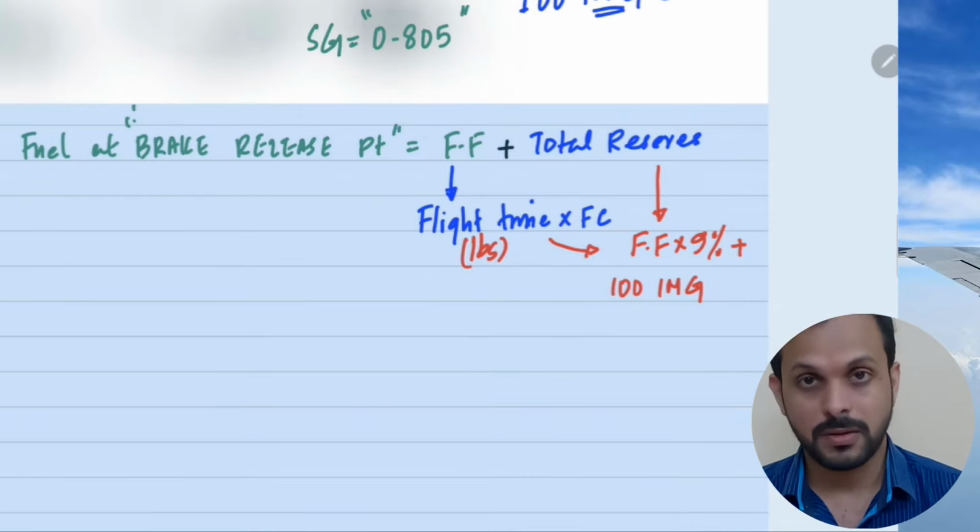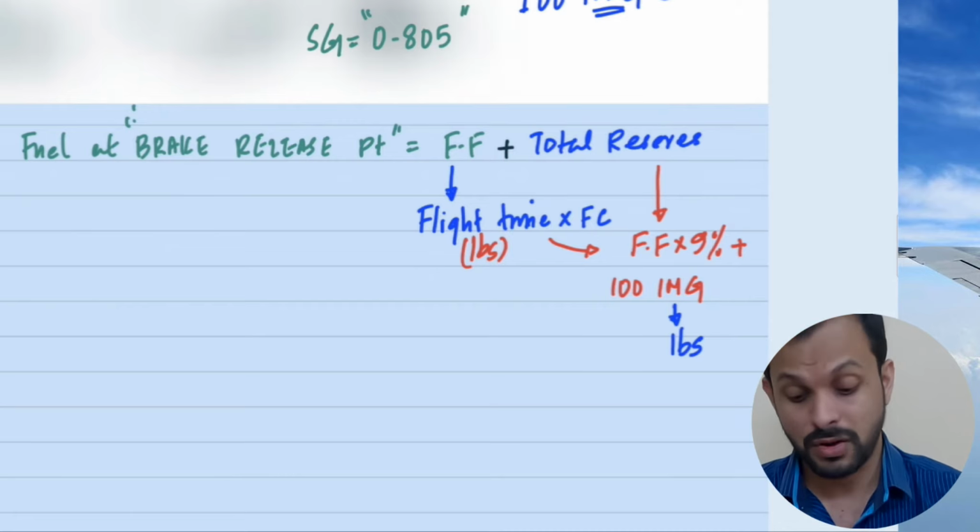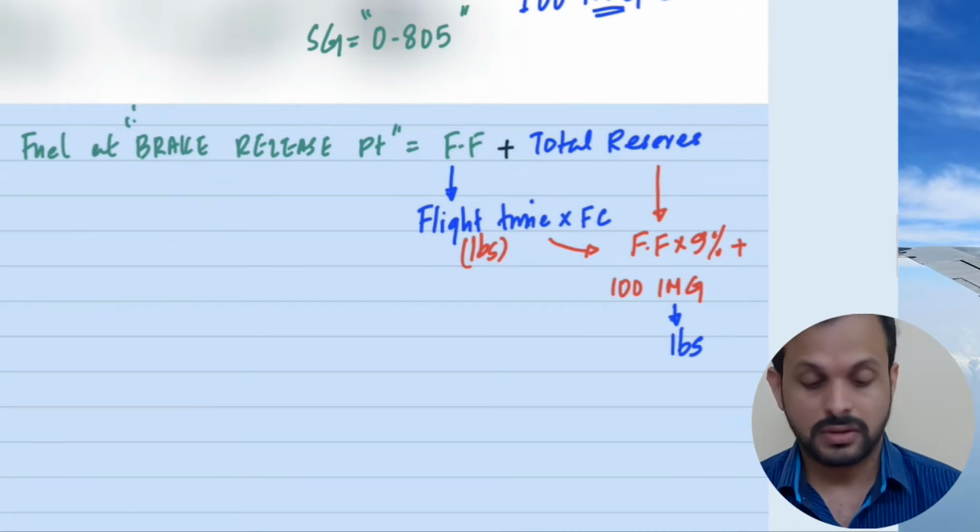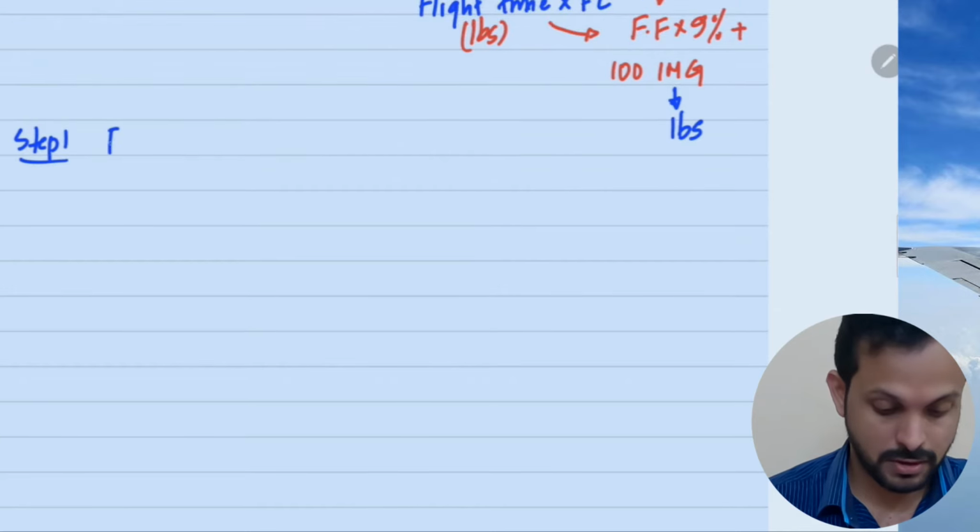That means you have to convert the Imperial gallons to pounds. Right, so we can do a basic conversion, and once that is done, you add all these things together, and that is the end. So let's first find out the flight fuel then. That's step number one.